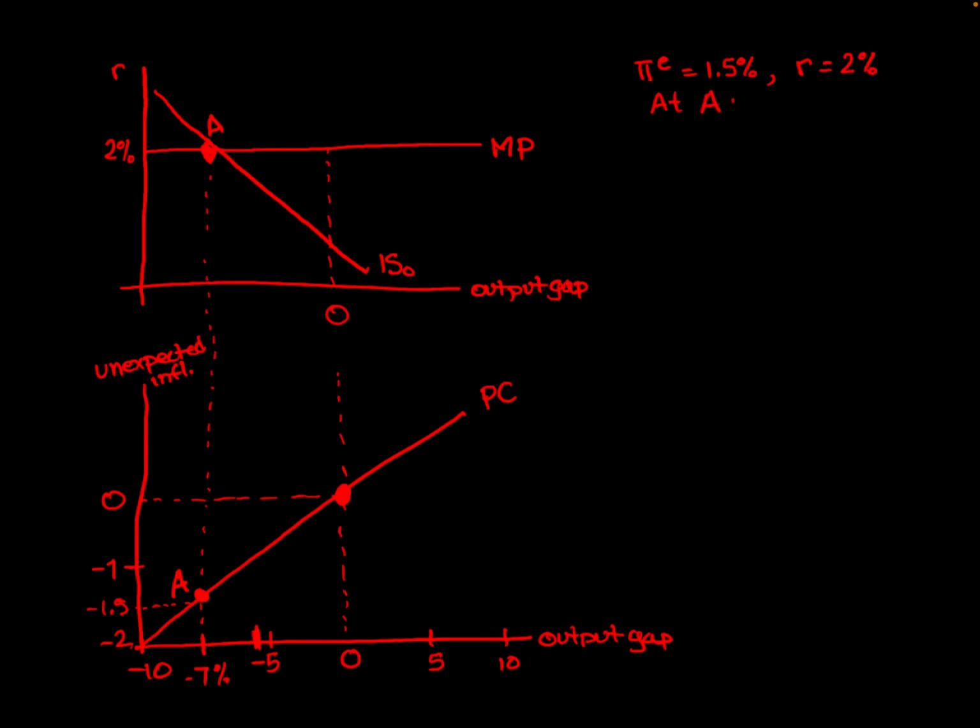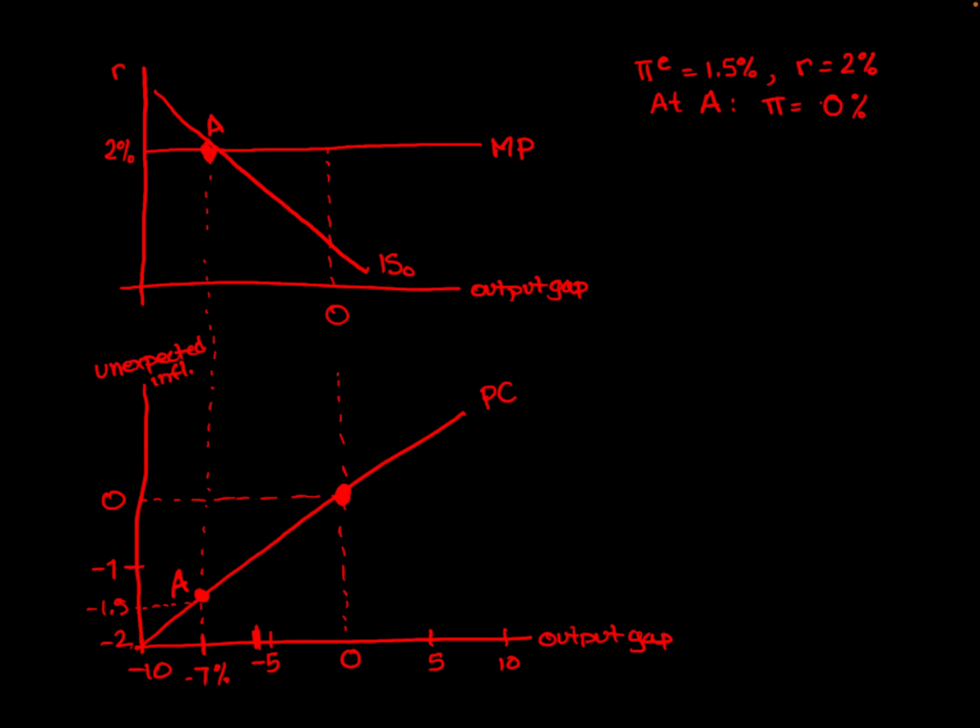At point A, actual inflation is the inflation that is expected plus the unexpected inflation that materializes. So that gives us an actual inflation rate of 0.